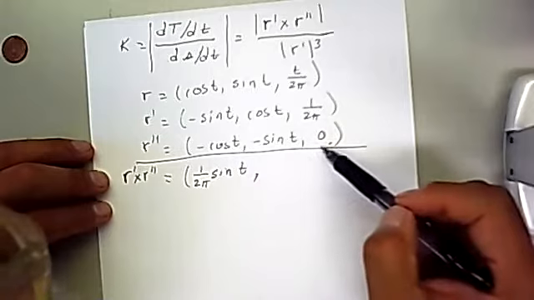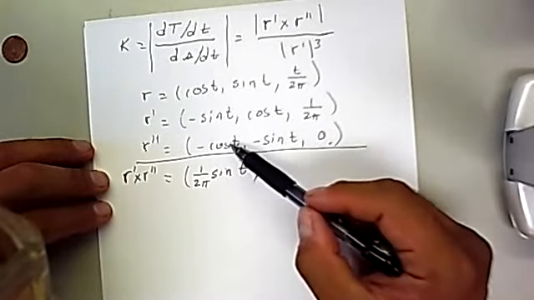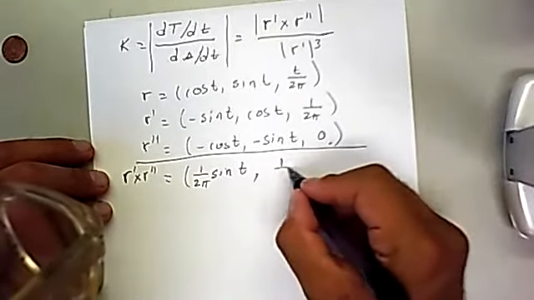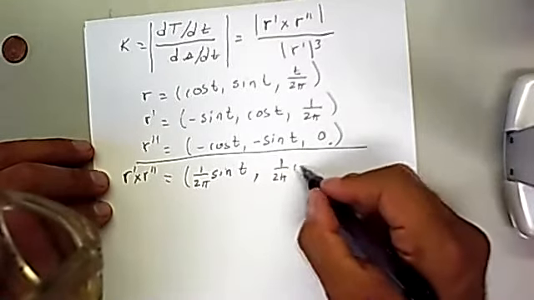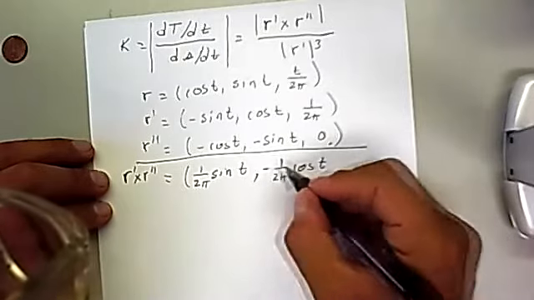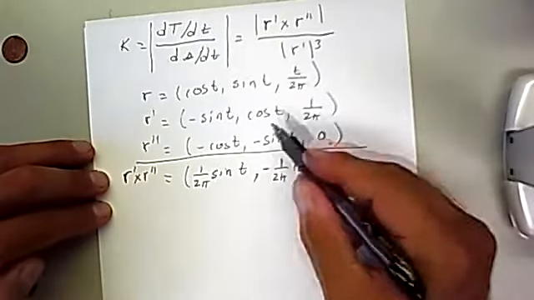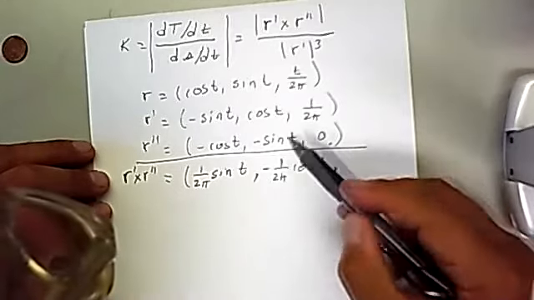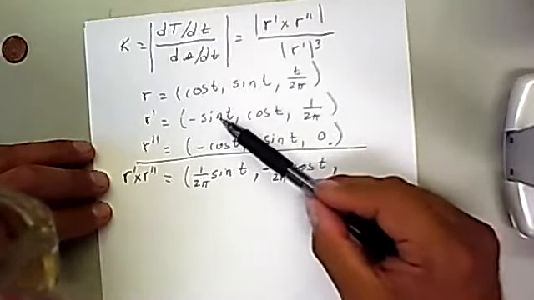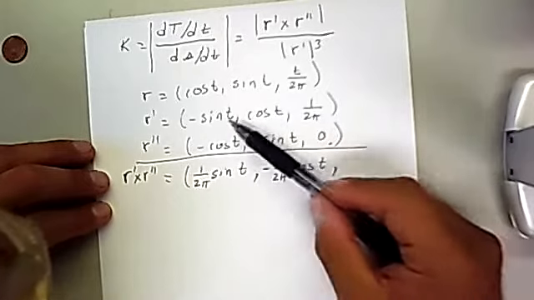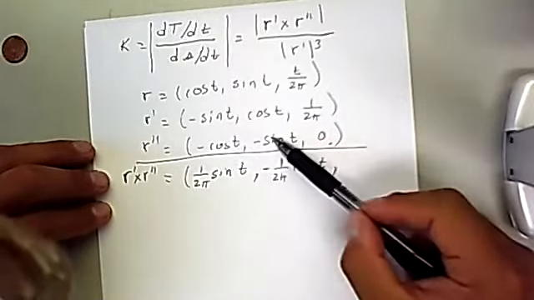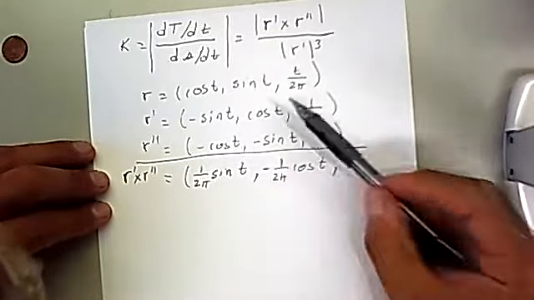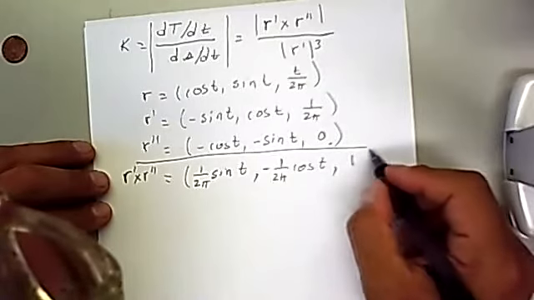And then we have a 0 plus 1 over 2 pi cosine of t, but this time we preserve the negative because things change here, comma. And then this is interesting. Sine squared, they're negative, each one of them, but when we multiply them together, sine squared plus cosine squared. So we end up with a 1.